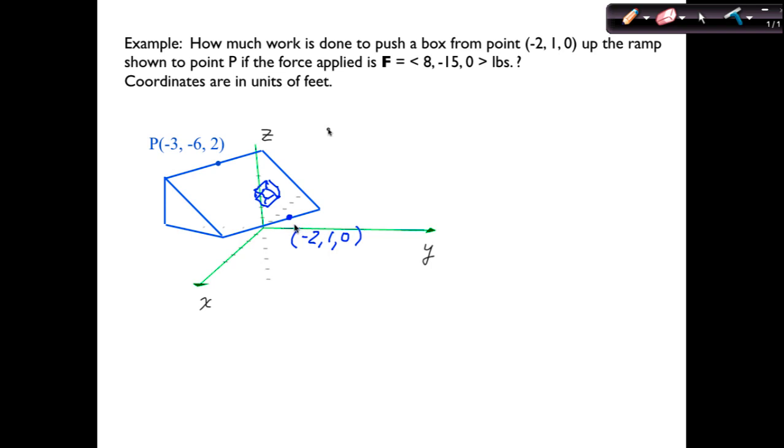And so it's 8, -15, 0. Let's see. How does that push it up the ramp? Oh, right. 8, -15. So I'm kind of pushing like this.